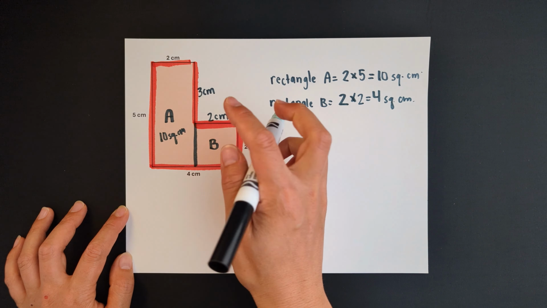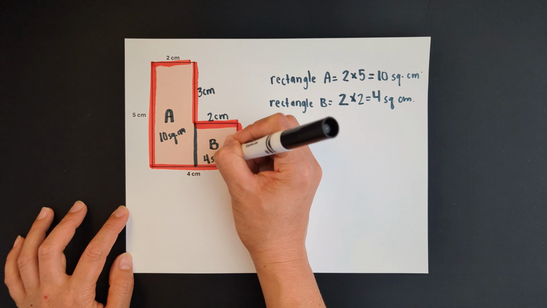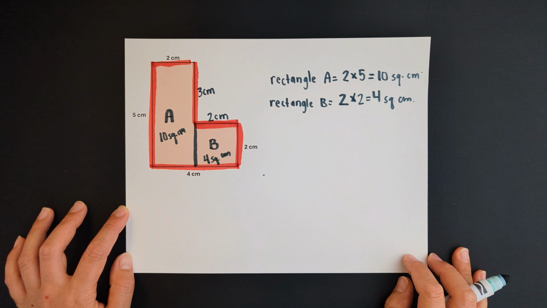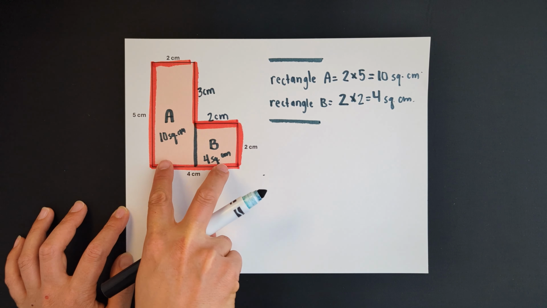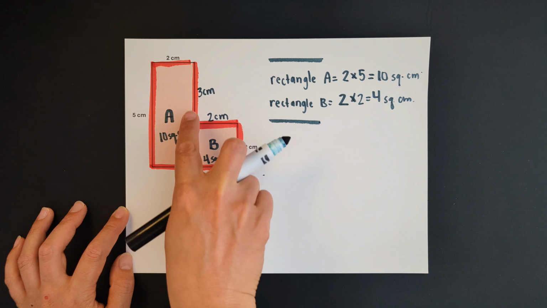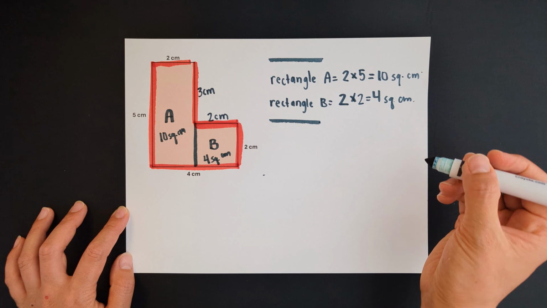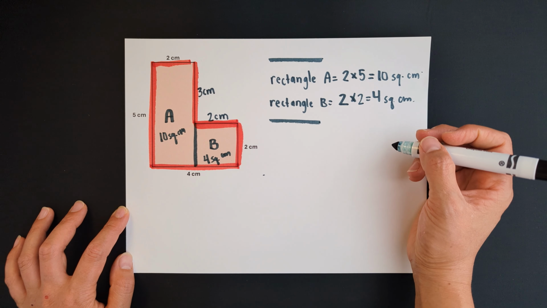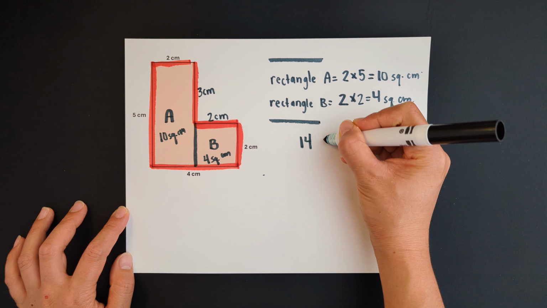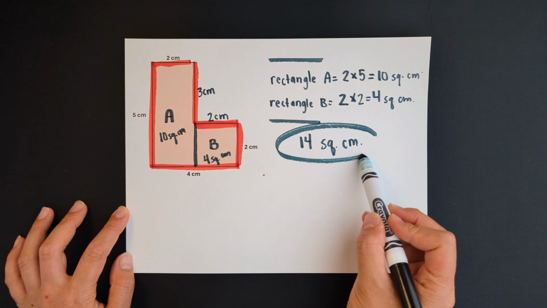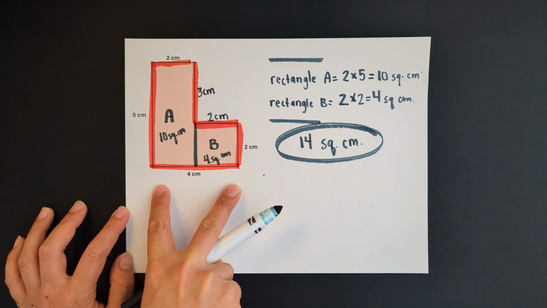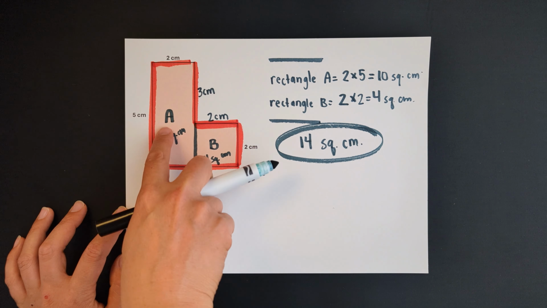My last step is to add together the 2 parts to figure out the composite, or the total area. 10 plus 4 is equal to 14 square centimeters. And that is the total area, or the composite figure's area.